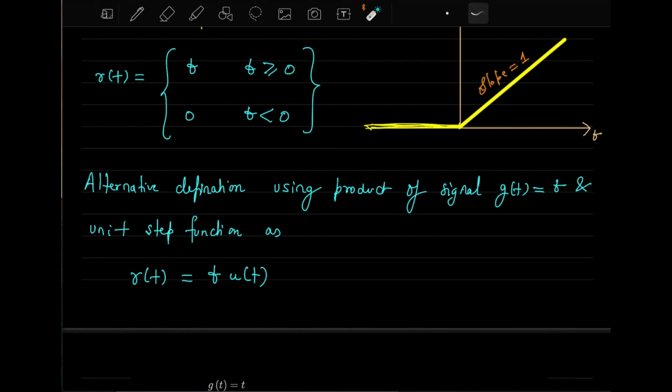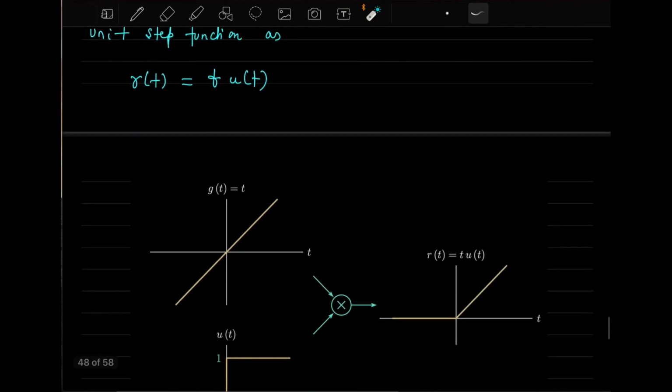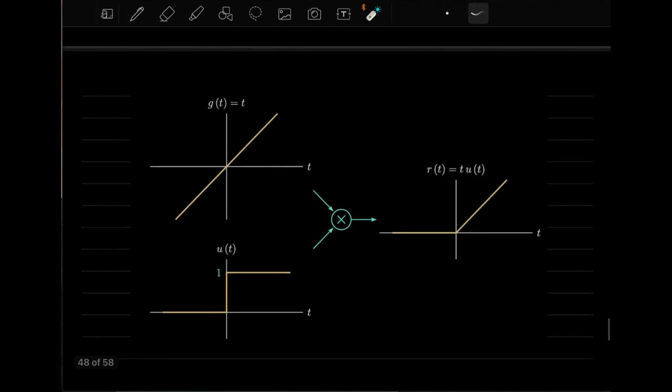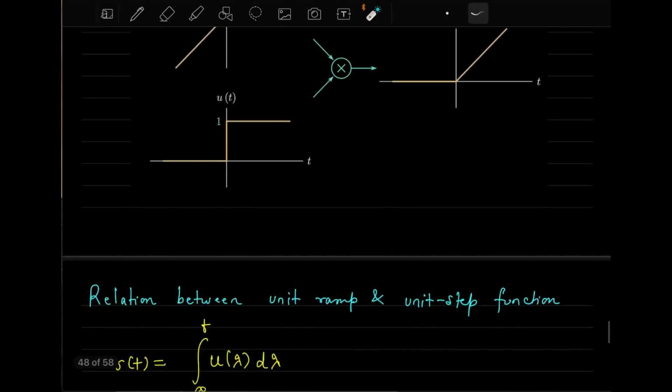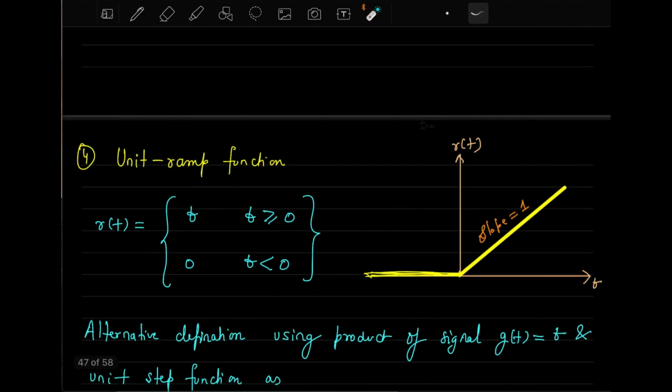So again you can see that u(t) is acting as a fundamental building block for developing the ramp function. This is shown pictorially here. If you multiply this signal with this unit step here, what you will get is a ramp function, which is given over here. Okay, so this is the definition of the ramp function.